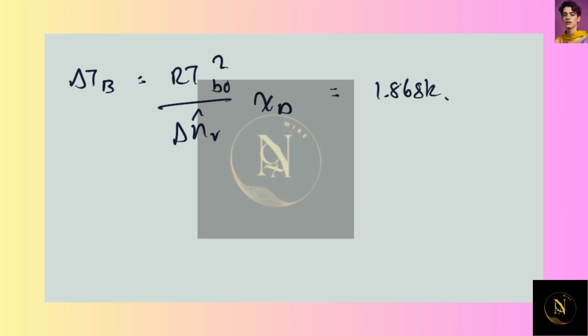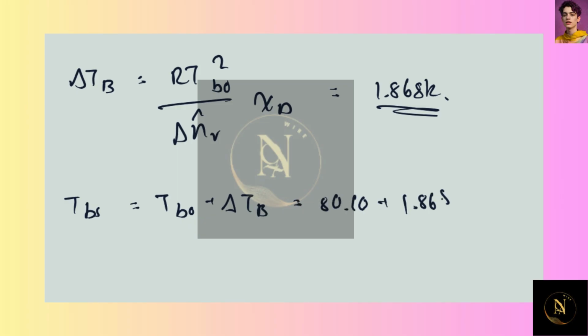So the boiling point of the solution is the sum of the boiling point of the pure solvent and this elevation. So TBS is equal to TB naught add delta TB, which is equal to 80.10 degrees Celsius add 1.868 Kelvin.